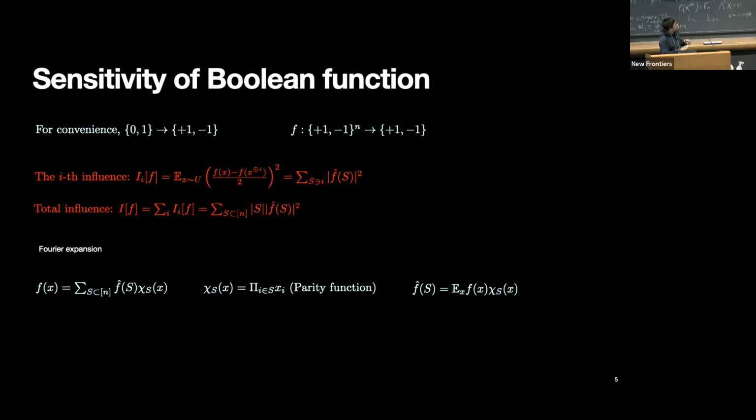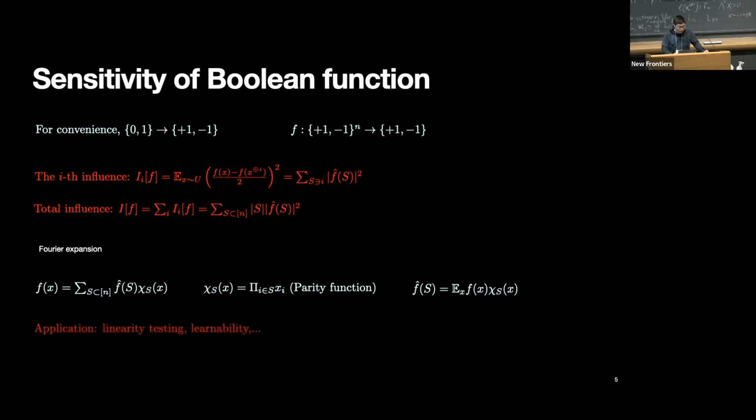Because the Boolean function takes values in +1 and -1, the summation of the squares of the Fourier coefficients is equal to 1, which means the squares of the Fourier coefficients define a probability distribution over all the subsets of [n]. So the total influence is just the average of the size of the subset with respect to this probability distribution.